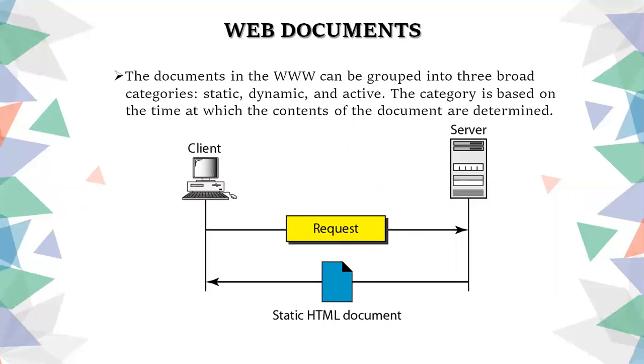There are three types of documents used on the web, because it's a collection of web pages, and inside the web pages, web documents are present. The documents will be in the form of HTML or other formats such as XML, extensible markup language. A static document has fixed content.